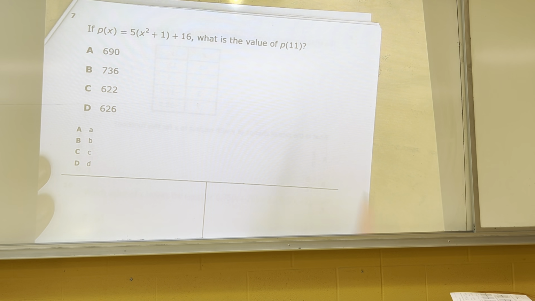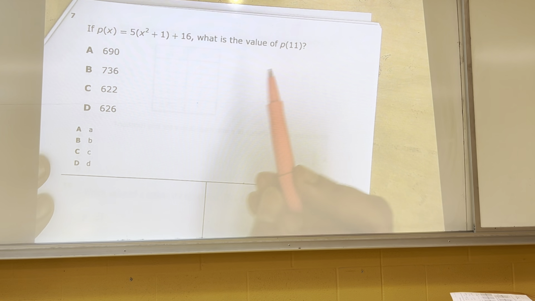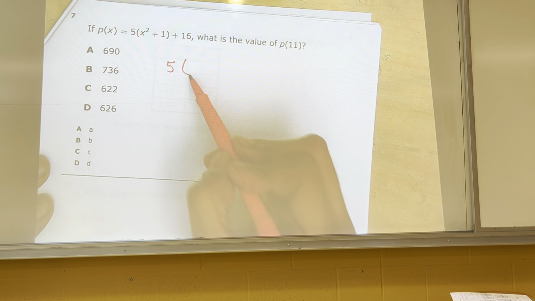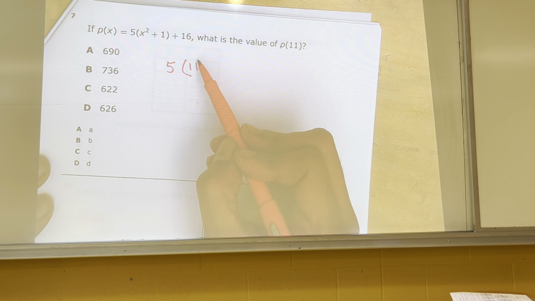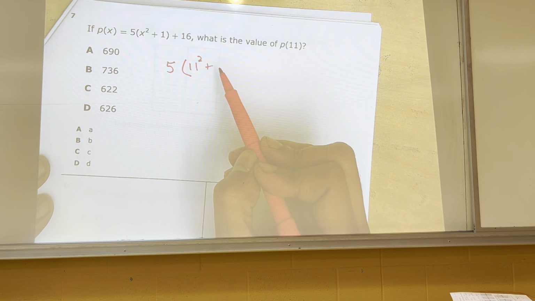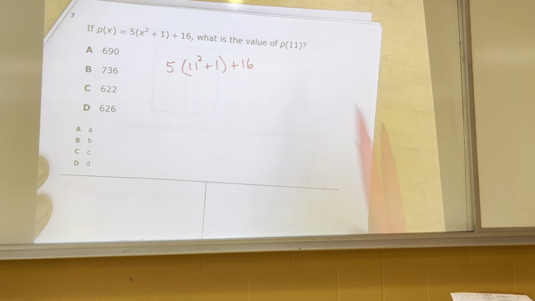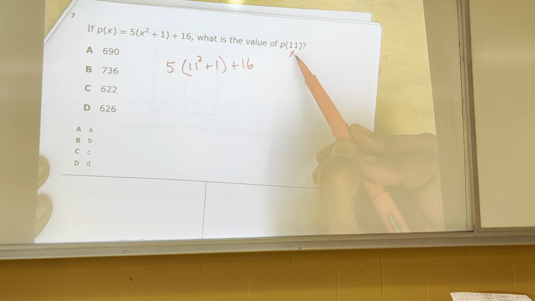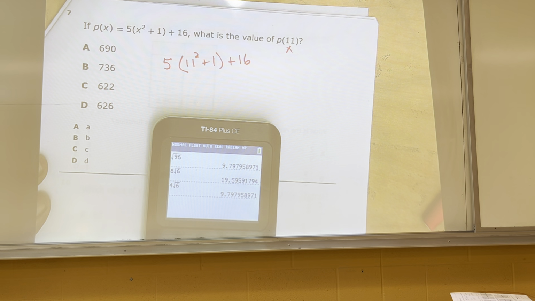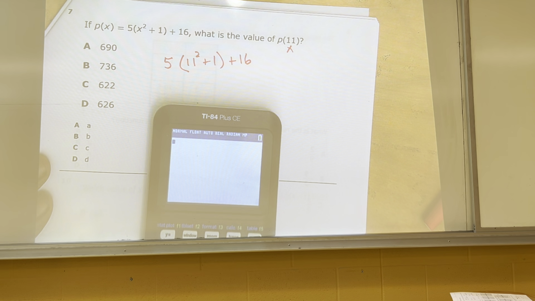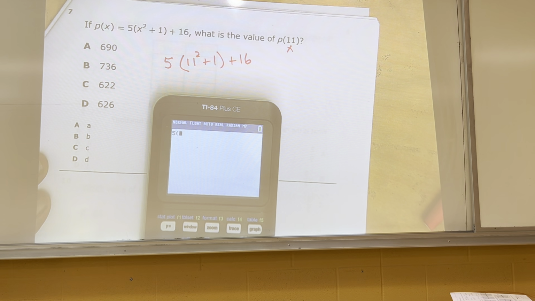7. P of 11. Okay, so that would be 5 parentheses 11 squared plus 1 plus 16. And basically, this is the x value. So put that right there and then work it out. And since you have a calculator, you can just make life easier for yourself by putting in 5 parentheses 11 squared plus 1 plus 16. 626.